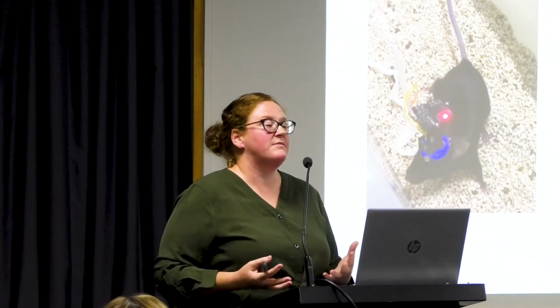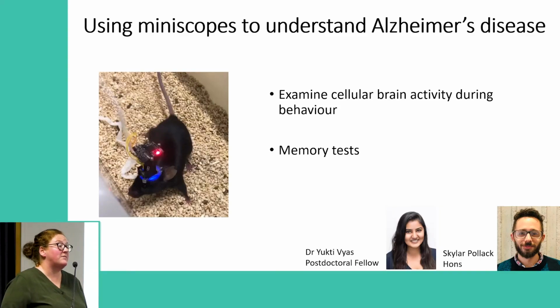So we know that this mouse model has impaired memory, and we want to try and understand how the brain cells that are surviving are actually functioning. And we hope that this will help us to better understand what's going on in the cells that are still alive and still there. And maybe this could lead to some different treatments that could help memory.